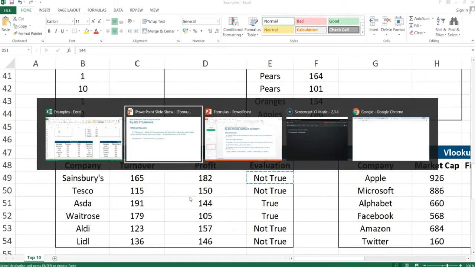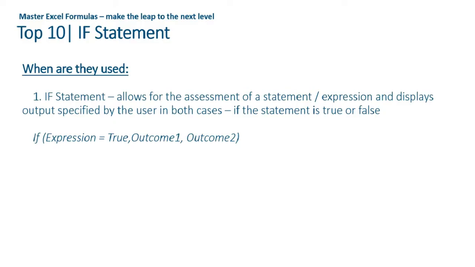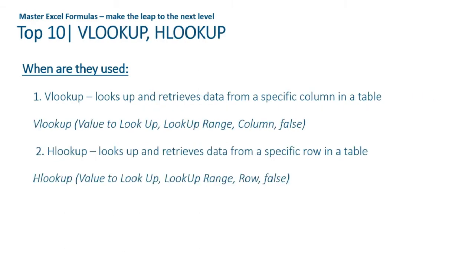Now going back to the presentation, the next group of formulas is the lookup formulas, Vlookup and Hlookup. The first formula, Vlookup, is probably one of the most frequently used formulas in Excel.